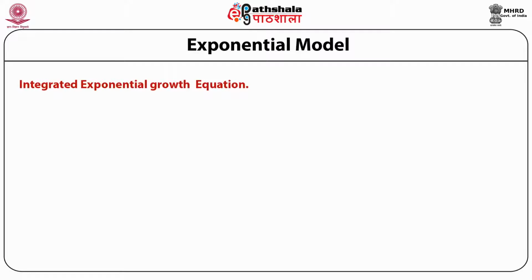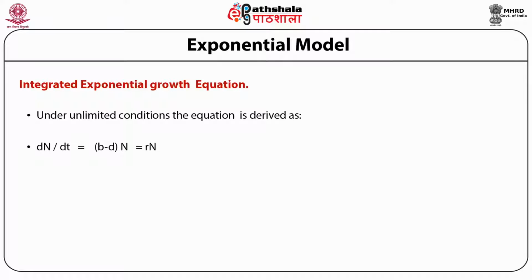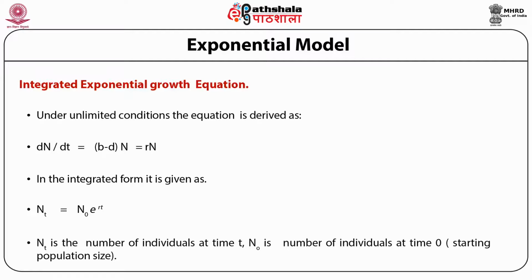Integrated exponential growth equation. Under unlimited conditions, this growth equation, dN upon dt is equal to rN, can be integrated and written as Nt is equal to N0 e raised to the power rt. Nt is the number of individuals at time t, N0 is the number of individuals at the starting of the population.